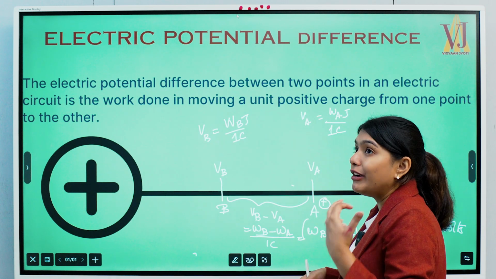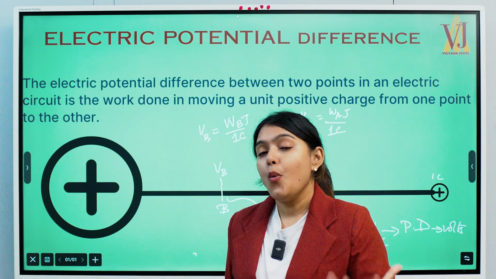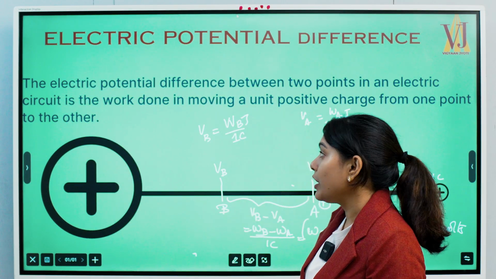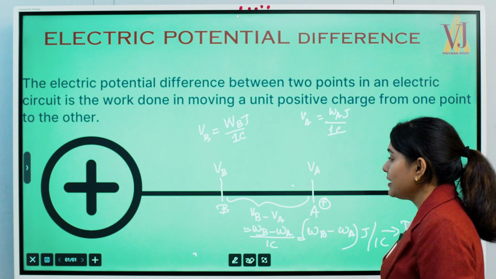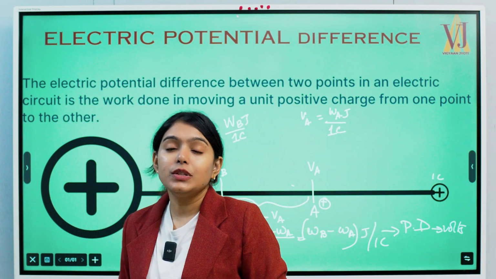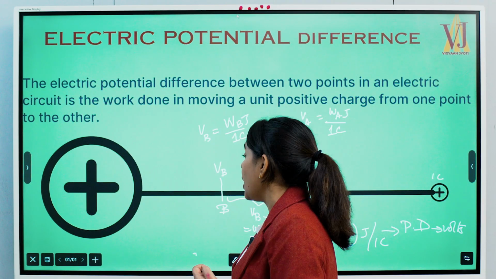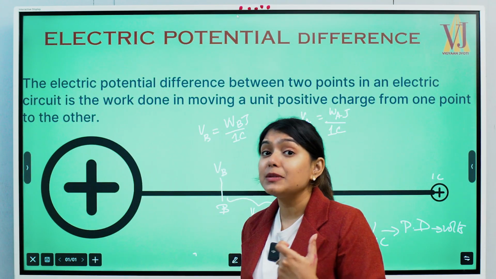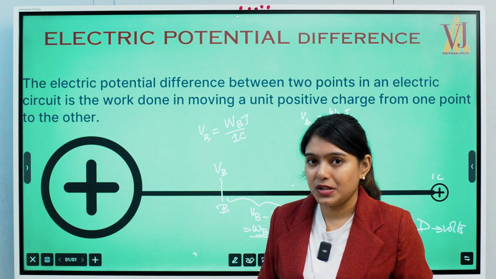When something is opposing you and you are still able to move this unit charged particle, that means you are doing some work. And when we do this work against a single unit positive charge or 1 coulomb of charge, we say this is potential difference. Understood? From the word difference we can understand we need at least 2 points in order to explain potential difference.